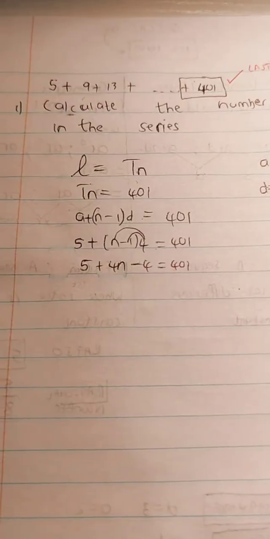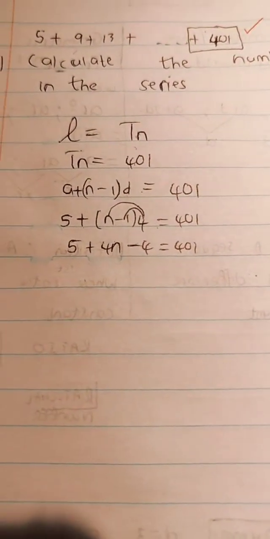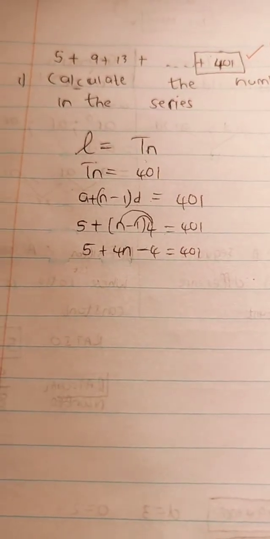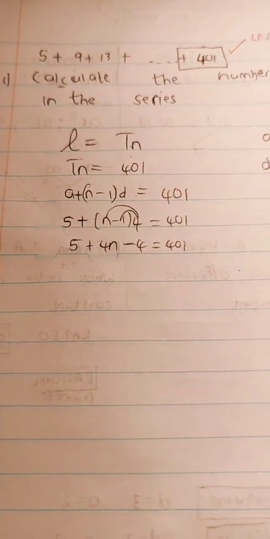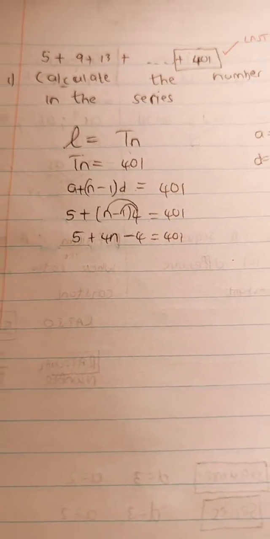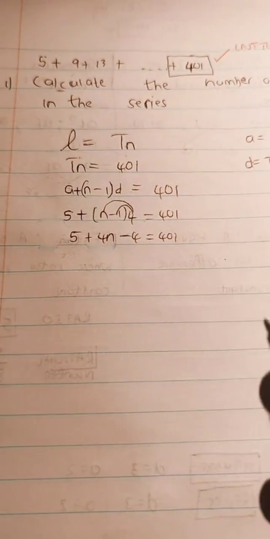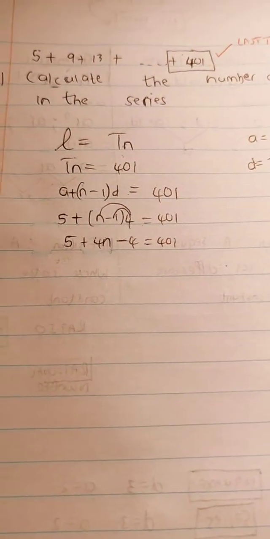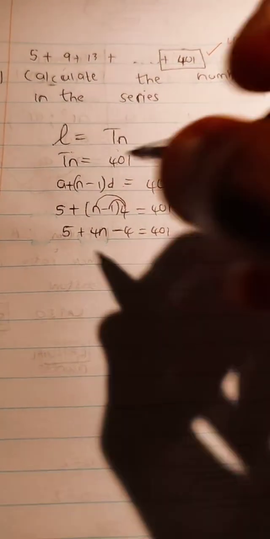And this is simply a linear equation you could solve in grade 8. Grade 8 linear equation, guys, there's nothing much to that. Any grade 8 learner will be able to solve this without breaking a sweat.